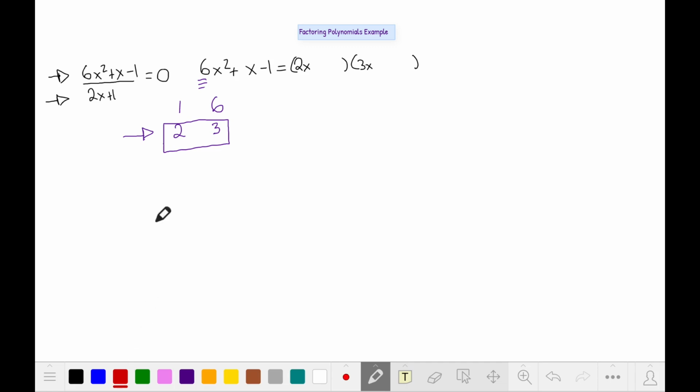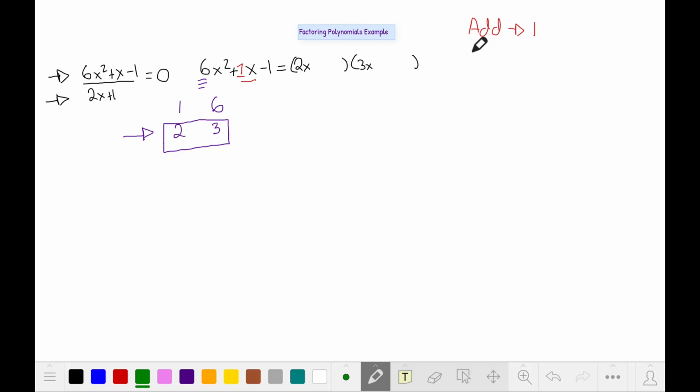Now, remember that we have a red term, which was the addition term, which comes from the non-x terms interacting with the x terms. So we've got an addition that has to be 1, because this is 1x.